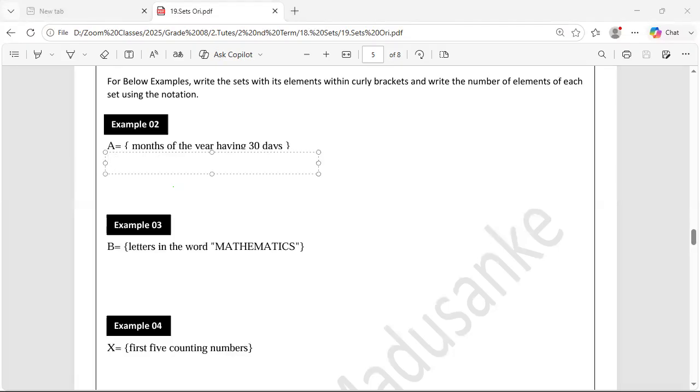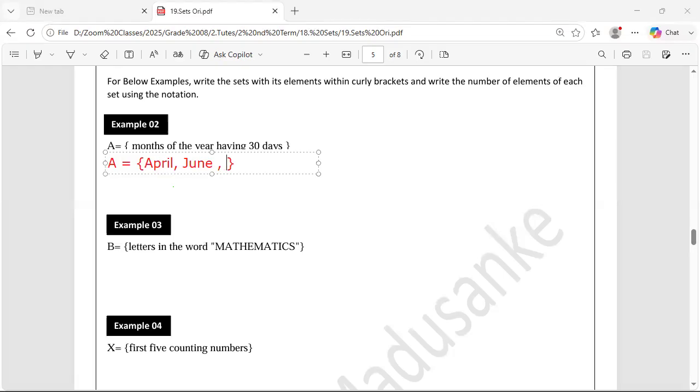February we cannot take because it has 28 or 29 days. Open curly bracket. We have to take April, which has 30 days. April, May, June.